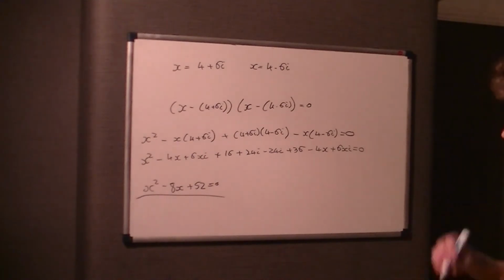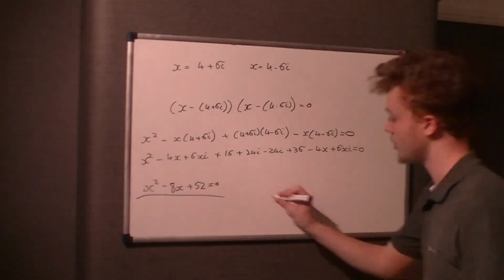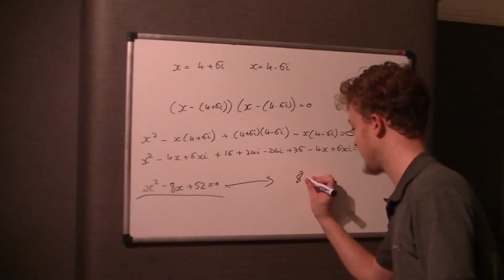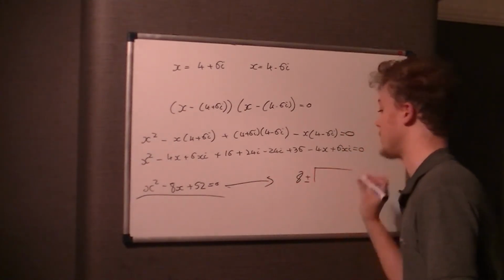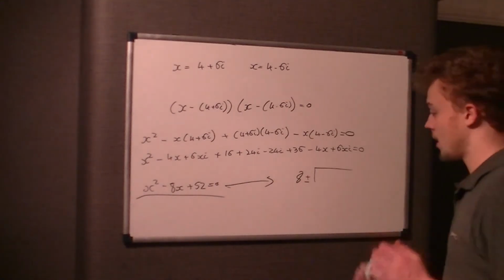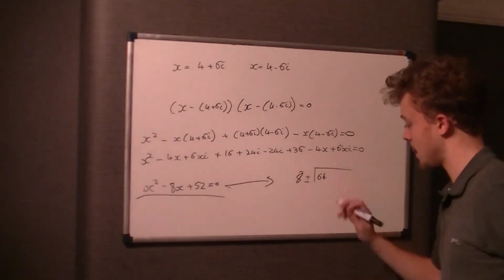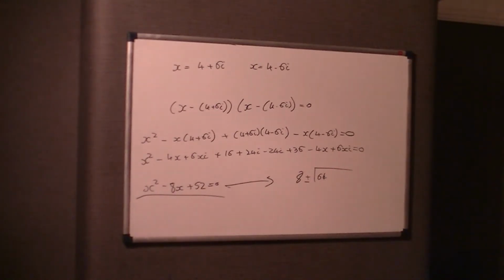You could check that by putting that in the quadratic formula. So remember it's minus b, which is minus 8, so it's 8 plus or minus the square root of b squared, which is 8 times 8, yeah, 64.